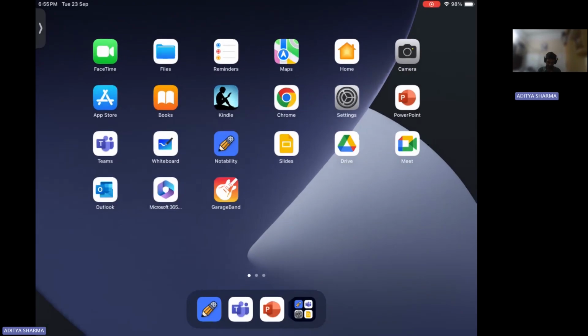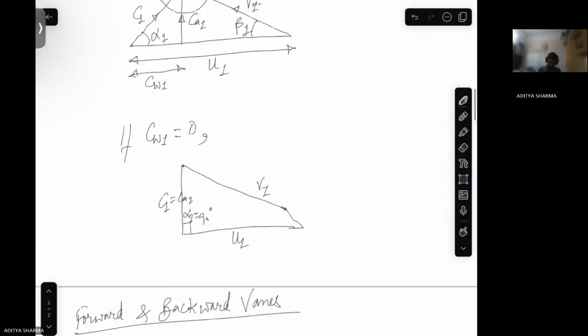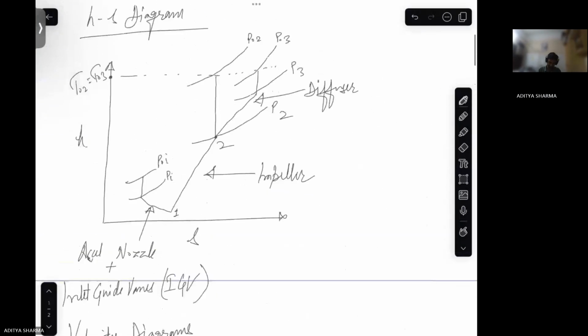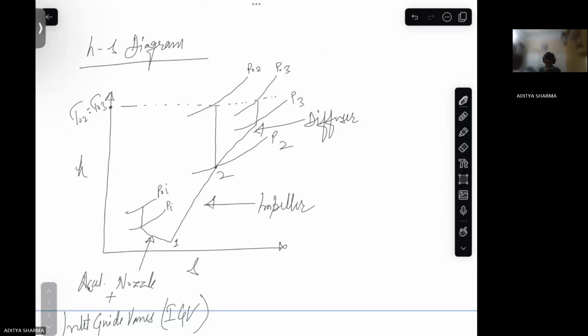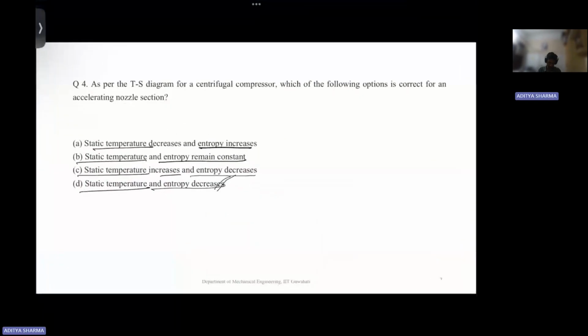Then again, the diagram. So for your accelerating nozzle, your enthalpy is reducing and your entropy is increasing, which essentially means your static temperature decreases and your entropy increases.